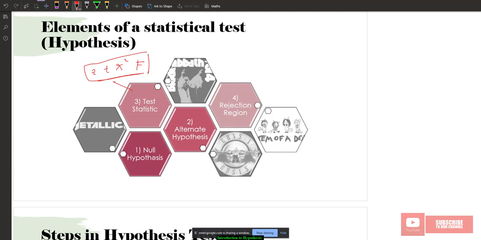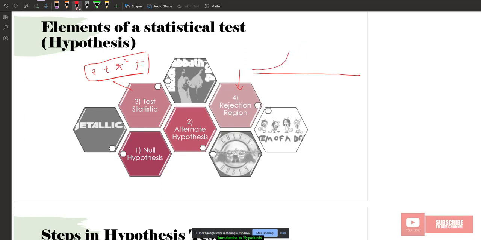So once we decide which test to use, we're going to set a critical region or rejection region. For example, let's say we have a normal distribution. If we are measuring a two-tail distribution, let's say this is the mean.